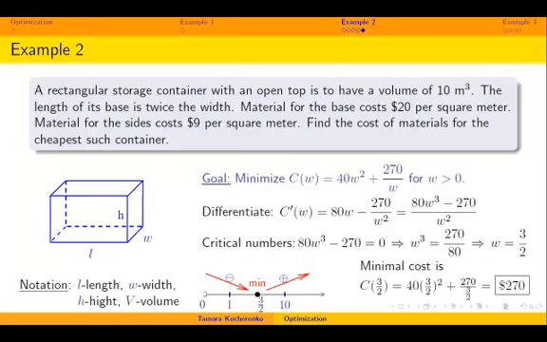The minimal cost is C of 3/2 equals 40 times 3/2 squared plus 270 divided by 3/2 equals $270.